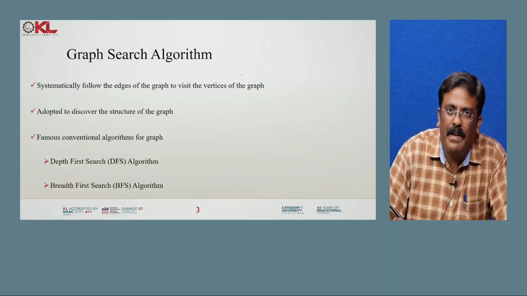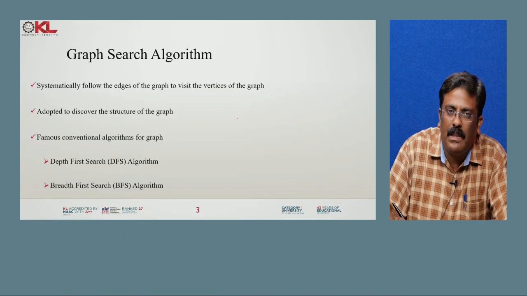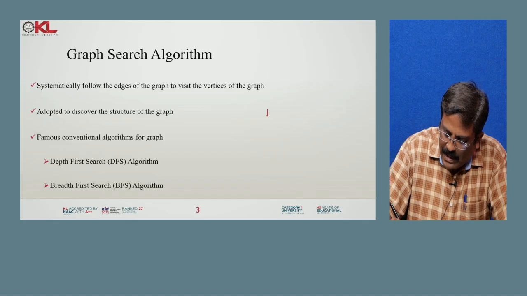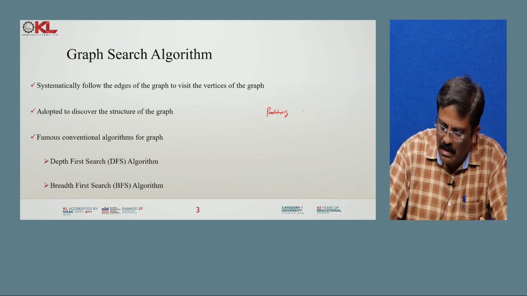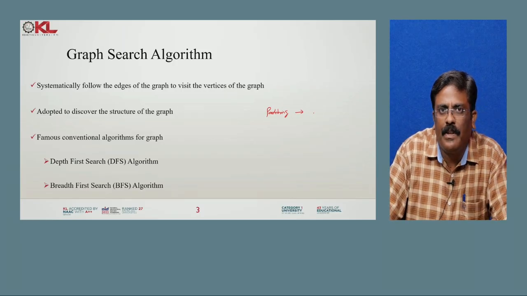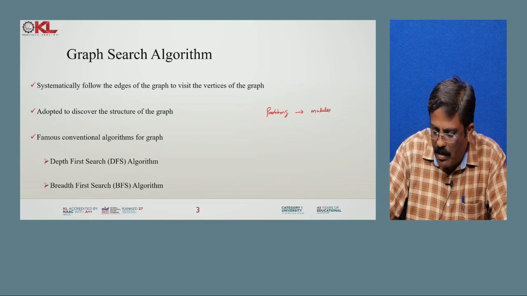If I want to relate this algorithm to VLSI physical design, we have studied one step called partitioning in the VLSI physical design flow. Partitioning is the step where we divide the complex circuit into multiple partitions, which we name in terms of modules.